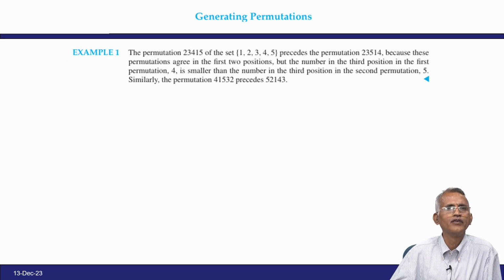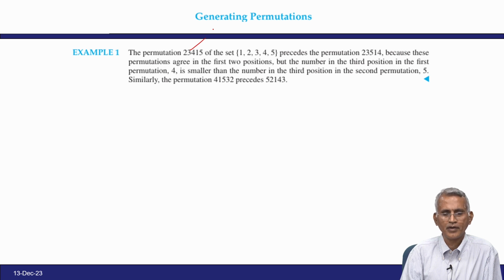Now, let us go with one example. The permutation 2, 3, 4, 5, 1 of the set 1, 2, 3, 4, 5 precedes the permutation 2, 3, 5, 1, 4 because these permutations agree in the first two positions, but the number in the third position in the first permutation, 4, is smaller than the number in the third position in the second permutation, 5.